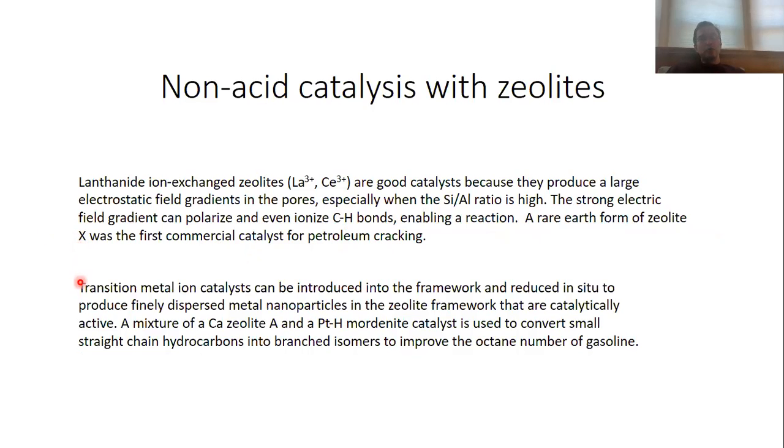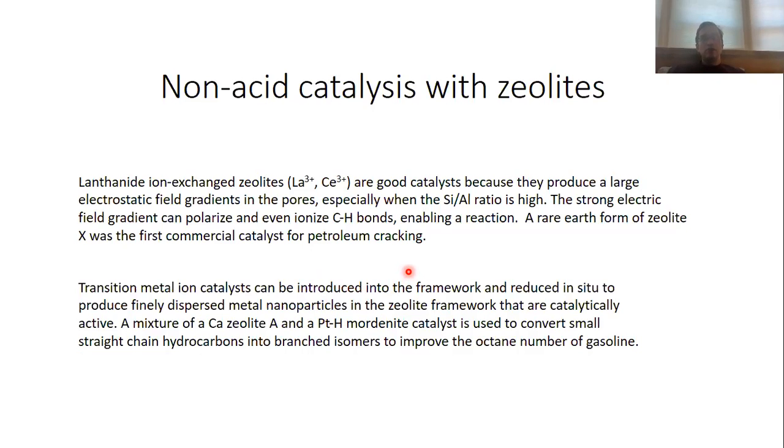Also transition metal catalysts can be introduced into the framework. In this case, you can use them not only in the ionic form as cations, but you can actually reduce these cations to form actual metal particles within the zeolite pores. That works especially well with noble metal cations.